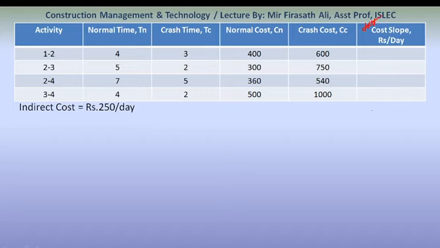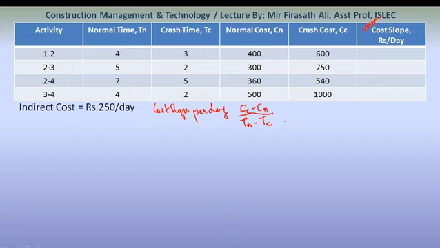The formula to determine cost slope per day is crash cost minus normal cost, divided by normal time minus crash time.